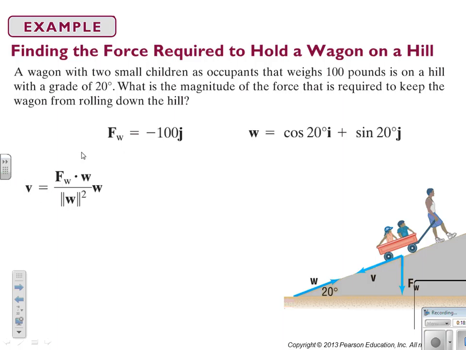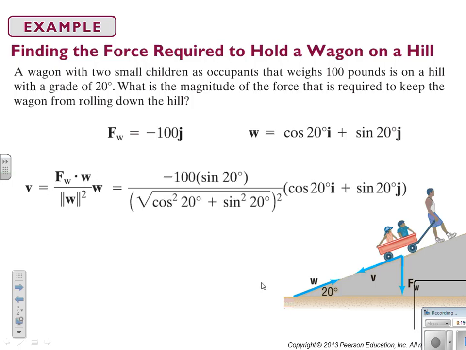It's our force vector, dot product with W, divided by the magnitude of W squared, times the W vector. So the force is negative 100J dotted with W, which gives negative 100 sine of 20, because 0 times cosine of 20 is 0.